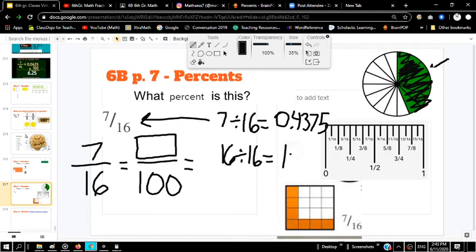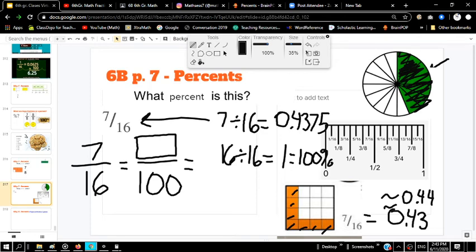Which would be equal to 100% of the shaded portion. But we only have 7 of the 16 portions that are shaded, okay? So all of these, 1, 2, 3, 4, 5, 6, 7, is equal to 0.43 approximately. Okay, we could actually change that to 0.44 if we really wanted to, okay?